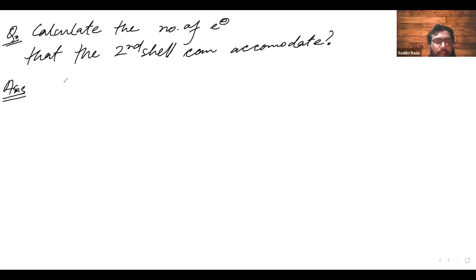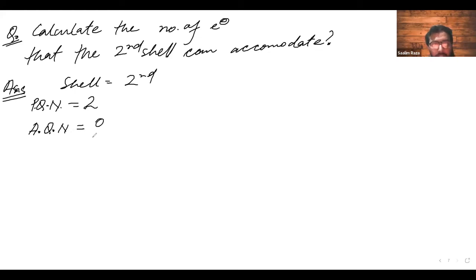The second shell means the principal quantum number is 2. Then the AQN, by the formula, is 0 to n minus 1, that is 0 to 1.